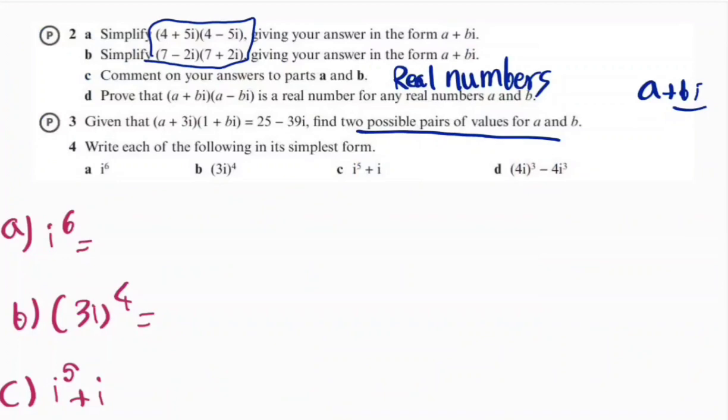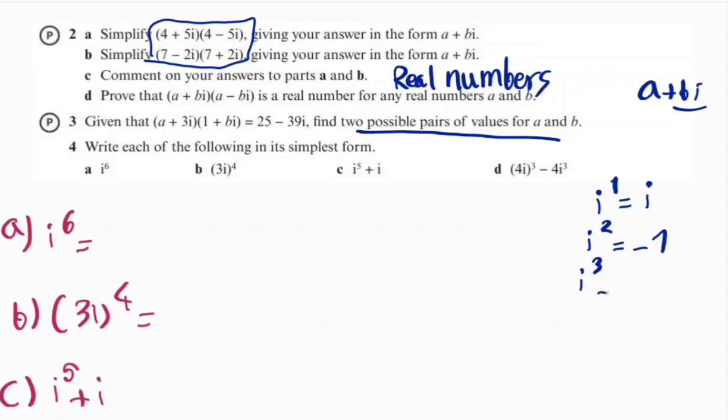4. Write each of the following in its simplest form. Before I start doing this question, we should notice that i to the power of 1 is i, which is very obvious. i squared is minus 1.